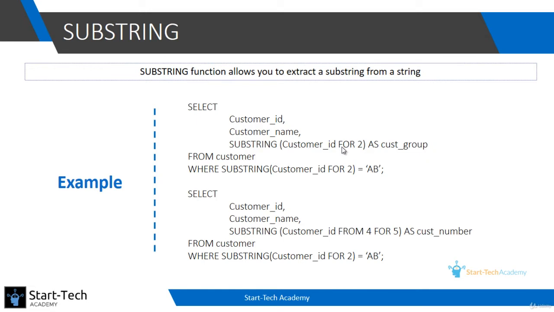If I want to get it from some other position, I'll have to mention the from keyword. This column I have named as customer group, from customer table where substring customer ID for 2 is equal to AB. So what this will give me is only those records where customer ID is starting with characters AB.